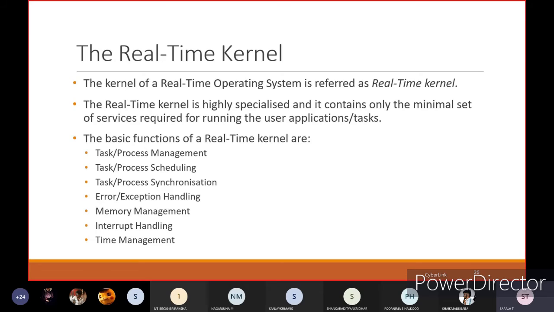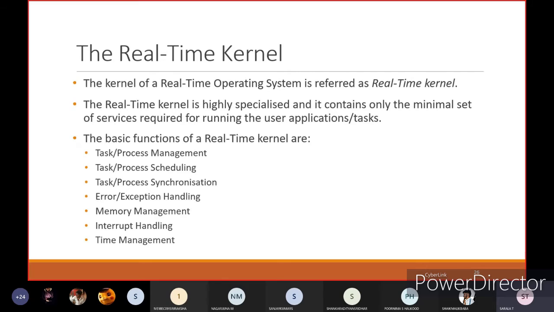Next is task or process synchronization: how it has to be synchronized with the other programs or data, which data has to be accessed for the execution of your program. That is related to synchronization.